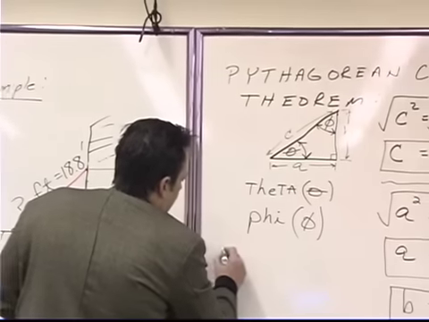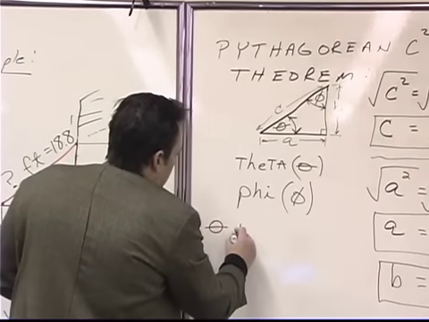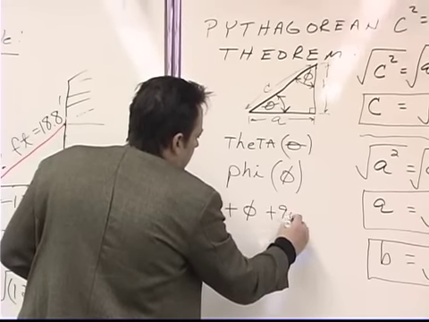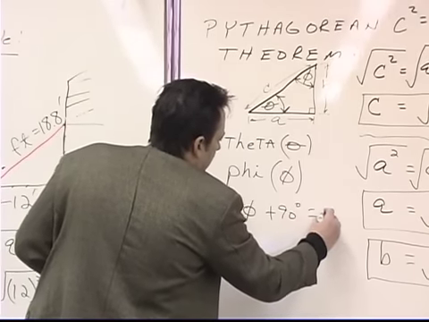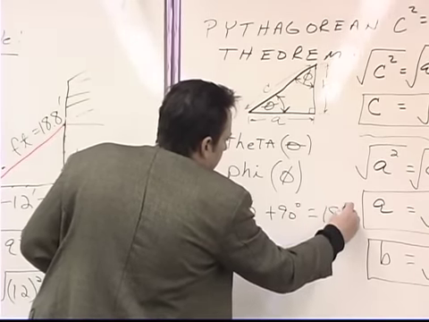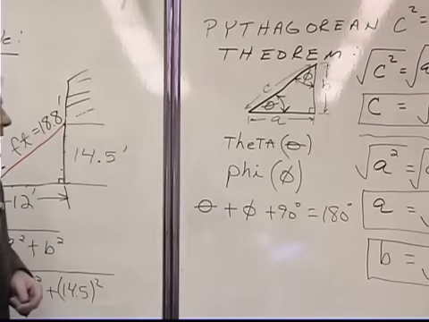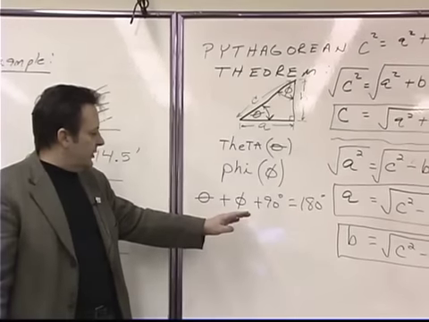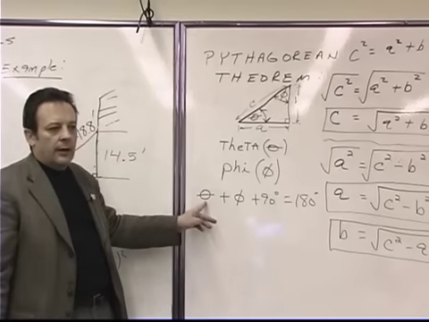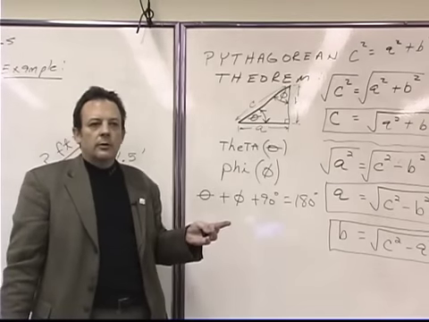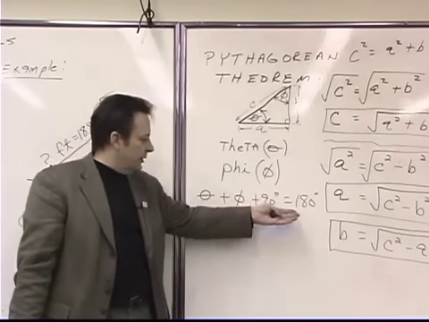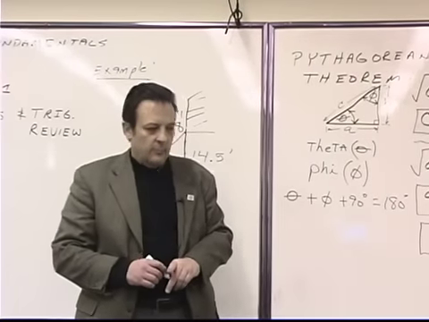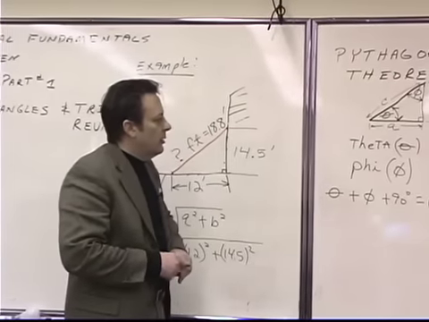So the angle theta plus the angle phi plus 90 degrees has to be equal to 180 degrees. So a lot of times that's helpful for us because we might know everything except for theta, and theta is what we're looking for. And so just by knowing this, we can then solve for what the angle is inside the triangle.